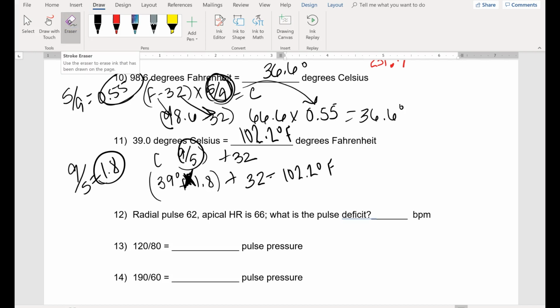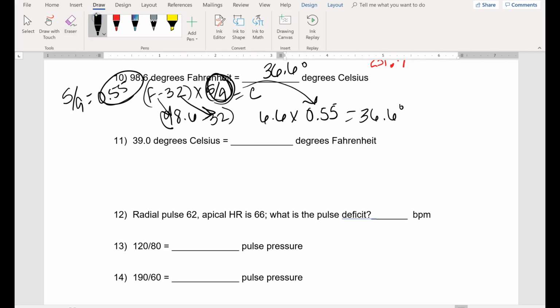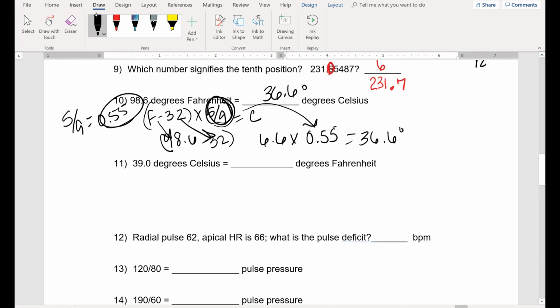Let's do that one again just because I'm a little nervous here and I wasn't 100% clear. Okay, so we have our 39 degrees Celsius. We have our centigrade times 9/5 plus 32.